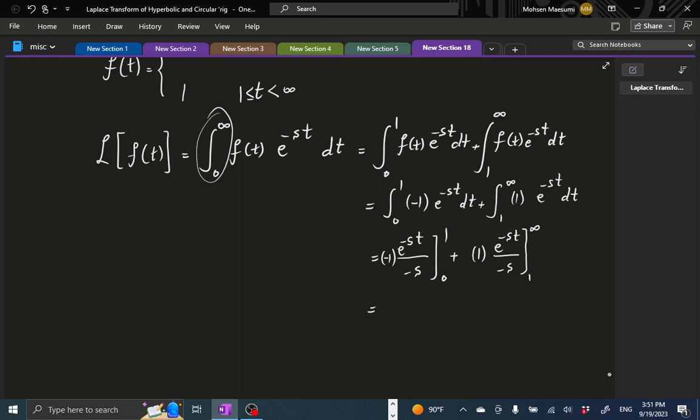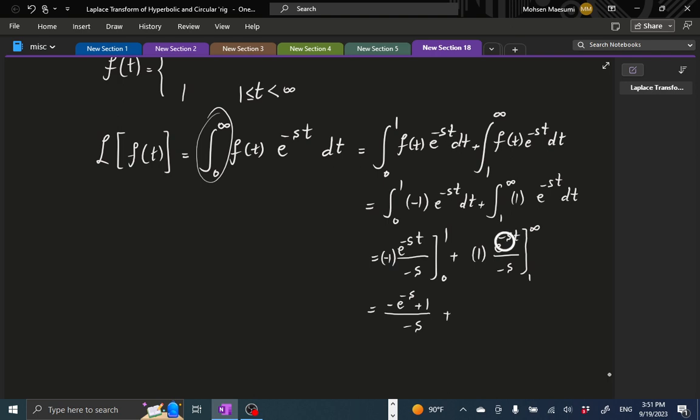Okay, at 1, this becomes minus exponential of minus s. At 0, exponential of 0 is 1. I have to subtract it, so I get plus 1 over minus s. How about here? Exponential of minus s times infinity.